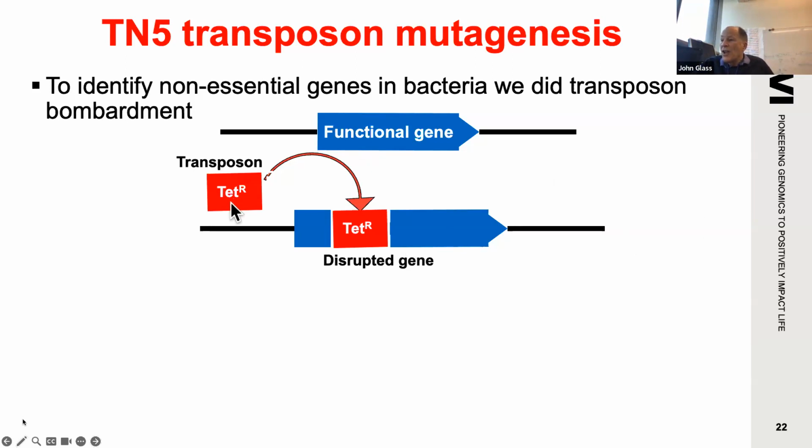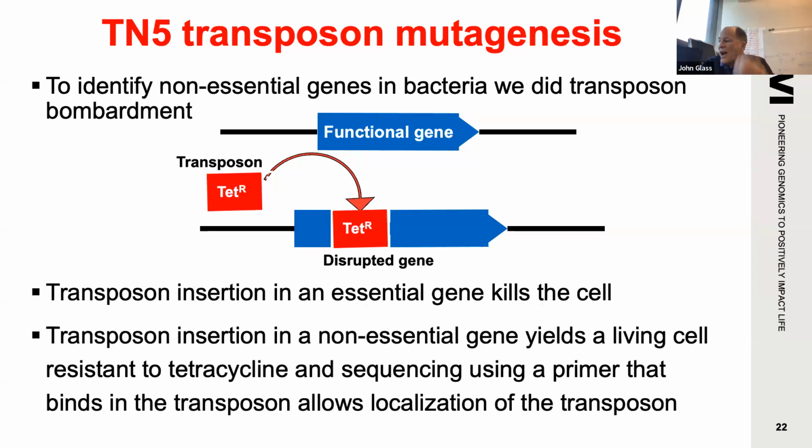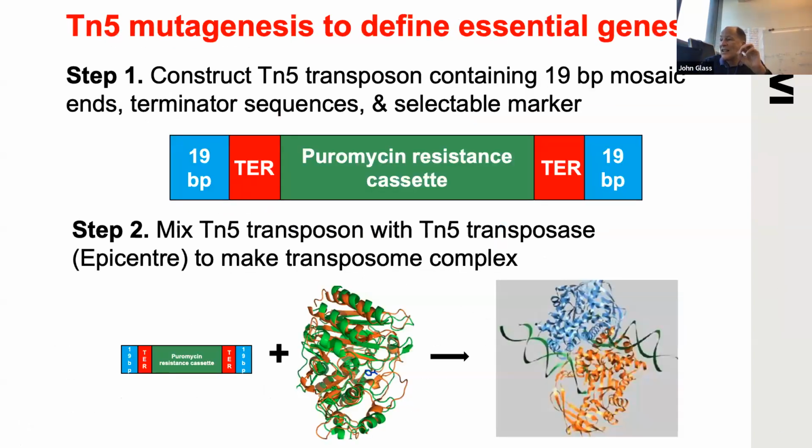By jumping, they integrate randomly into a genome. If the transposon jumps into an essential gene, that cell dies. If it jumps into a non-essential gene, it yields a living cell that is resistant to tetracycline. Then we can sequence out from the transposon in both directions to localize the site of the transposon and say that that gene is not essential.